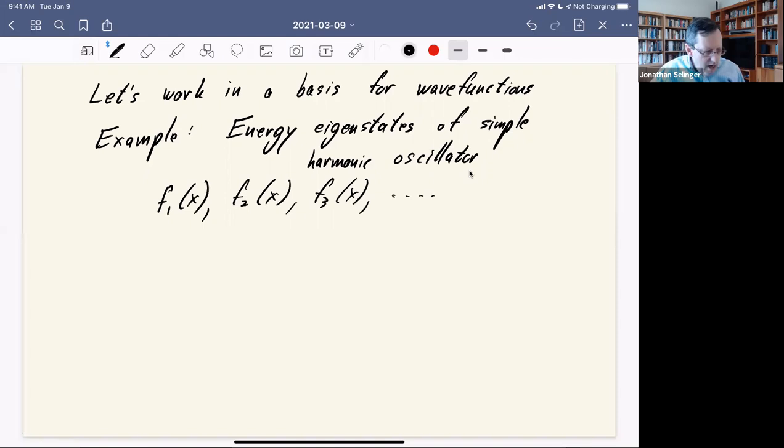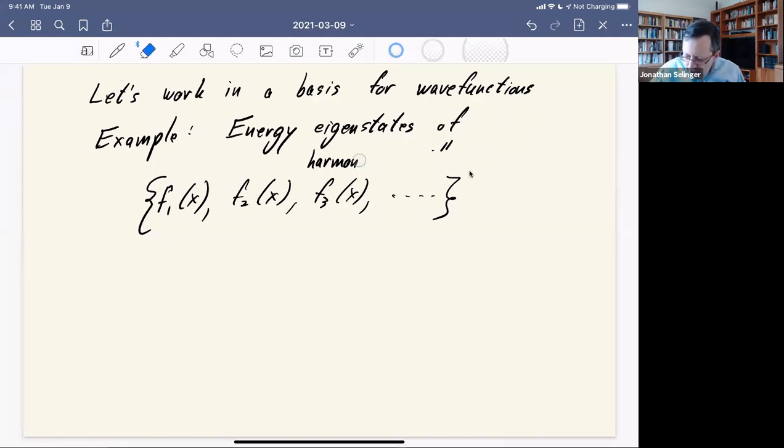Or, maybe I'll say for a particle in a box, maybe it's a little bit easier. So we have this set of functions.